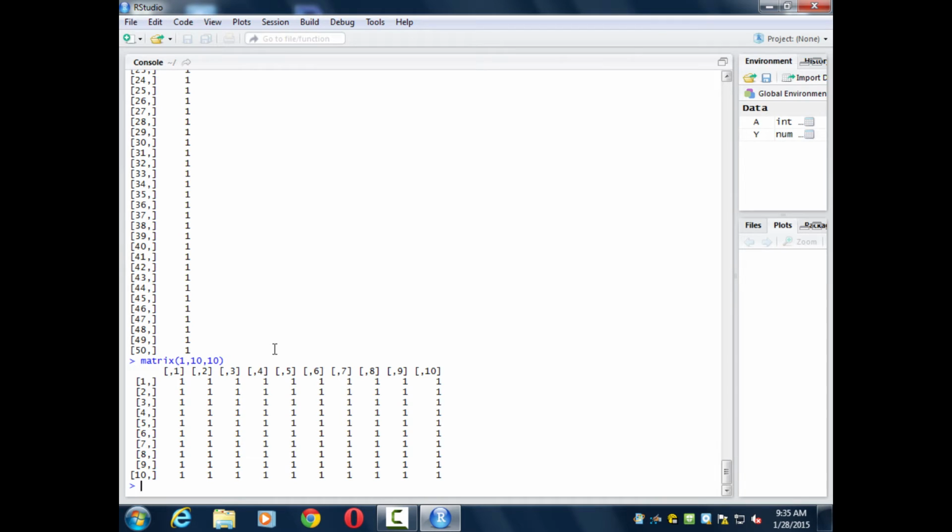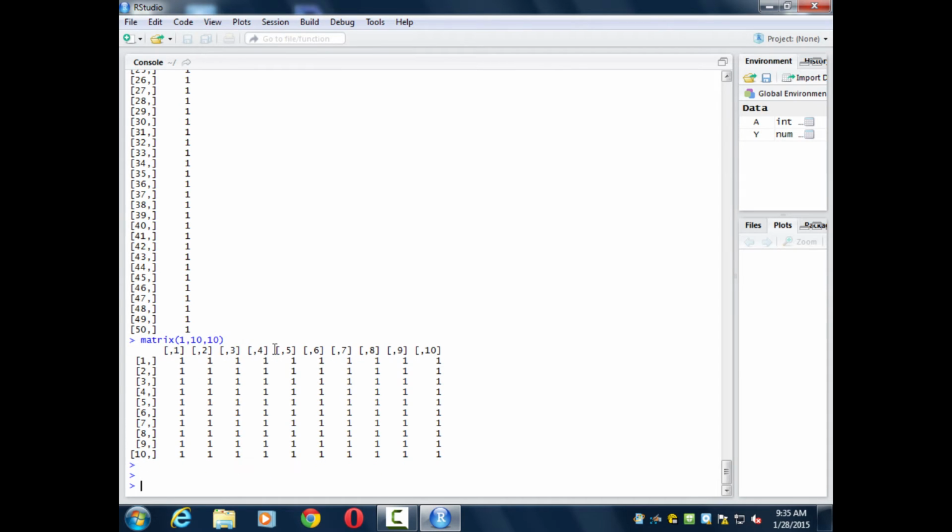We can also combine vectors with matrices, and we can glue together matrices. We can use this command called cbind. So cbind is a command that is going to glue two objects, for example two vectors of matching size.